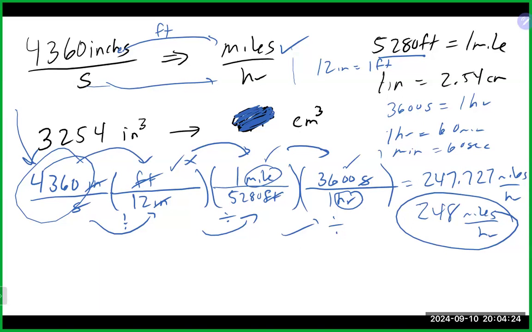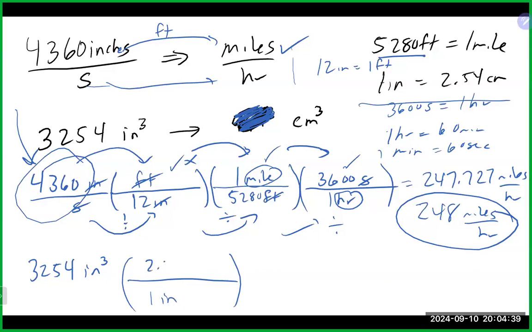All right, take a look at the bottom one here. That's 3,254 cubic inches. I have an inch to a centimeter there, so I'm going to do an inch on the bottom and a 2.54 centimeters, right?